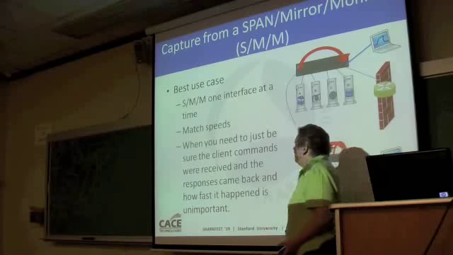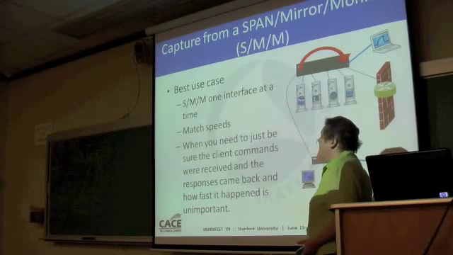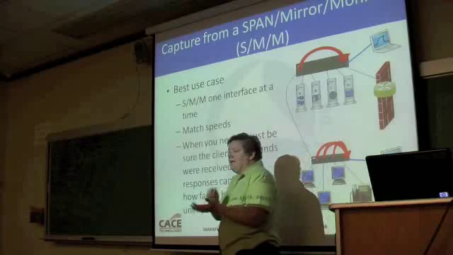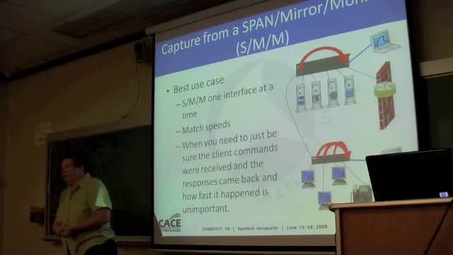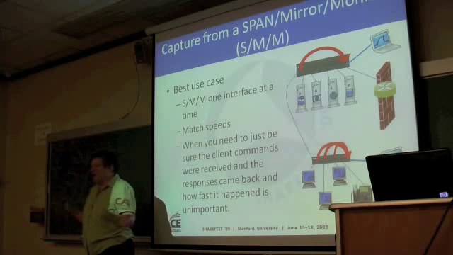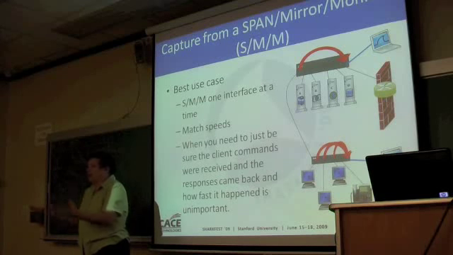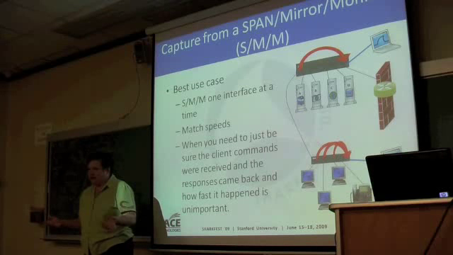I always match my speeds, and it's perfect too when my goal is to just make sure that the client commands are hitting the server and that the server's responding appropriately. But I don't care how fast. All right? Let's just say I just want to make sure it's getting there and a response is coming back. How fast it happens is completely irrelevant to me.